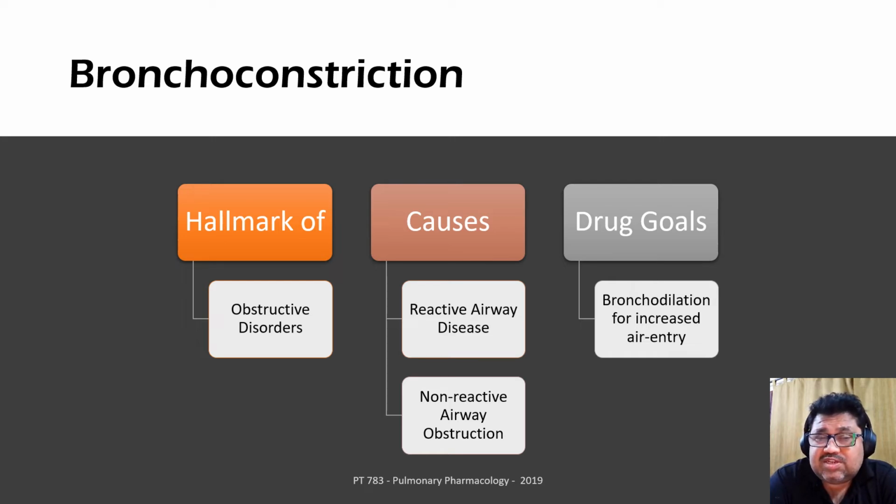Bronchoconstriction is present primarily in conditions such as asthma, which is a reactive airway disease, but bronchoconstriction can also be found in non-reactive airway disease such as COPD. In either case, drugs that allow for opening up of the airway and reversing bronchoconstriction are called bronchodilator drugs.